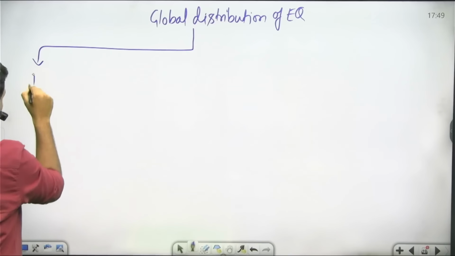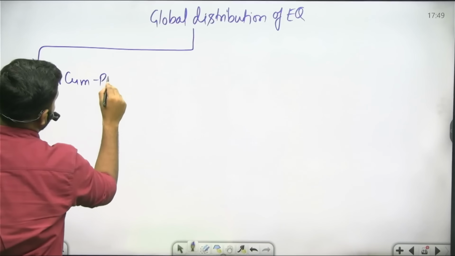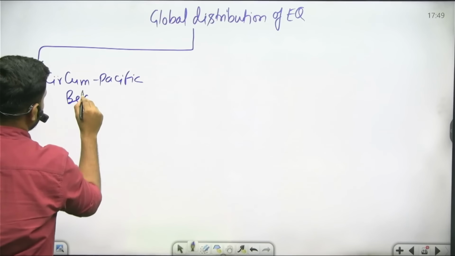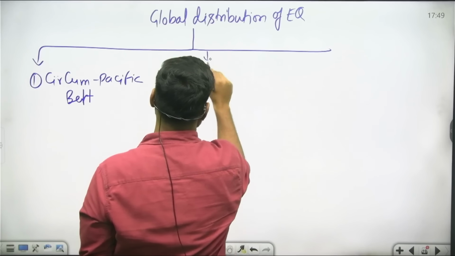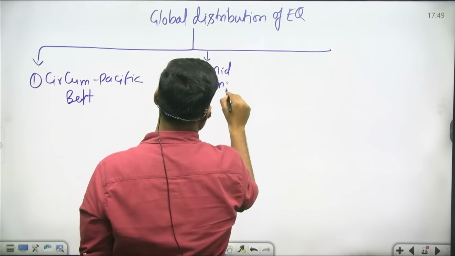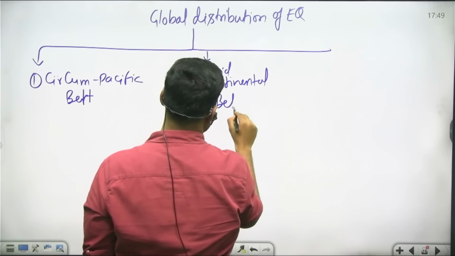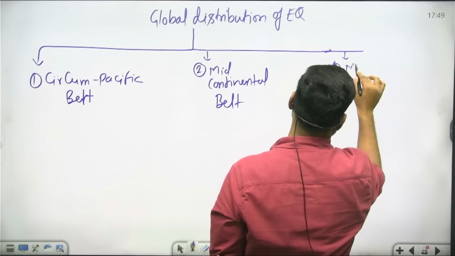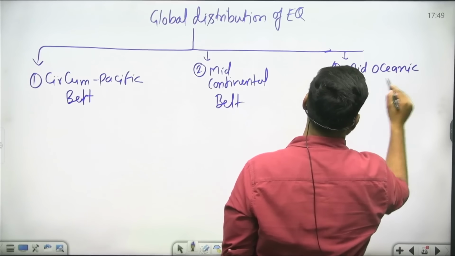One is the circum-Pacific belt. The second one is the mid-continental belt. Third one is the mid-oceanic belt.